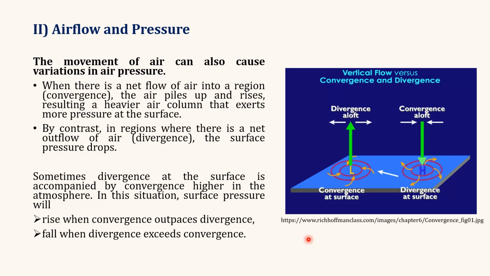We are not going into much detail on this topic at this stage, but for now, we should know that airflow, temperature, and humidity are the factors that influence the horizontal variation of atmospheric pressure.